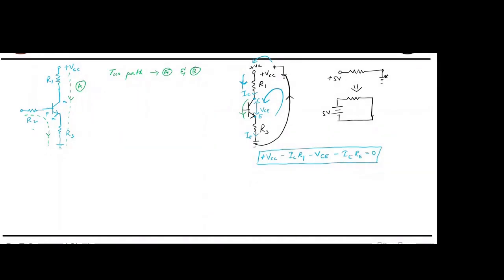Similarly, let us try to apply the KVL here in B. Suppose there is some input voltage here. Then if I apply it in B, the equation will look like this: VIN minus IB R2 minus VBE minus IE RE equals 0. Is this okay?